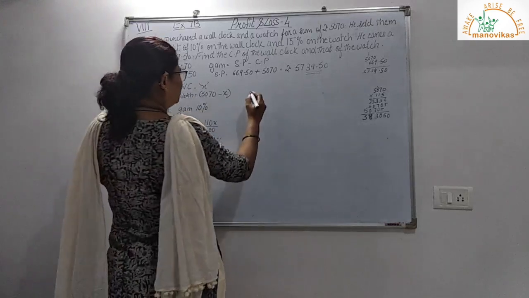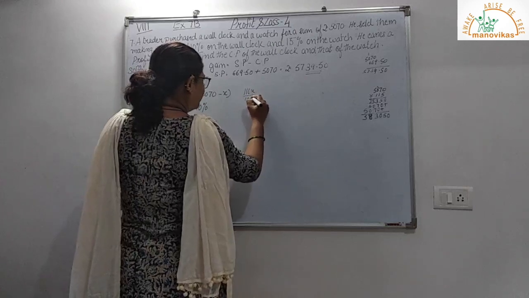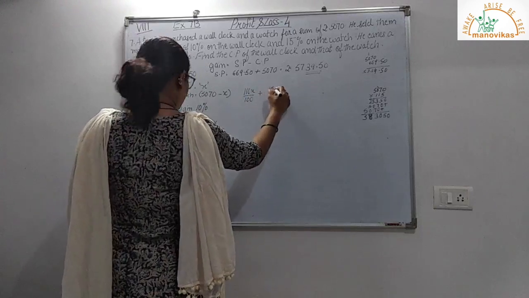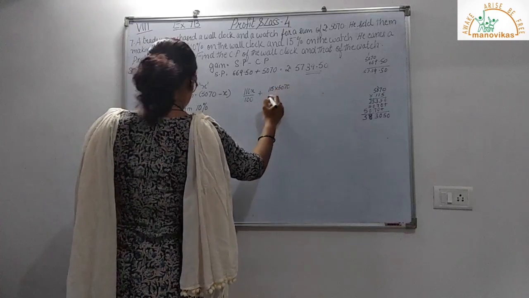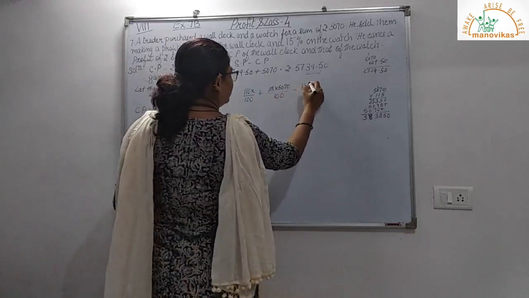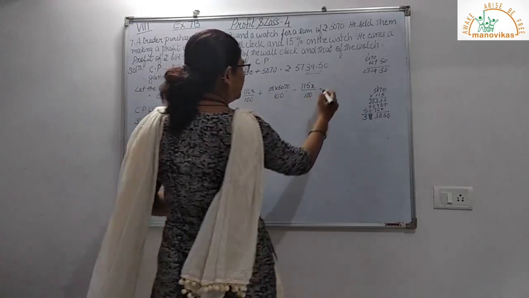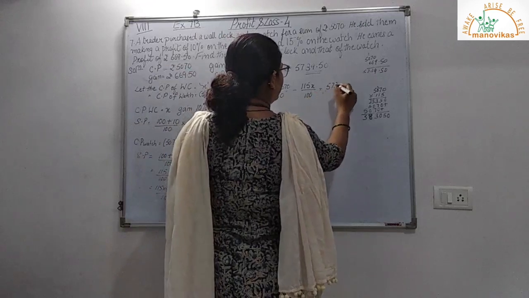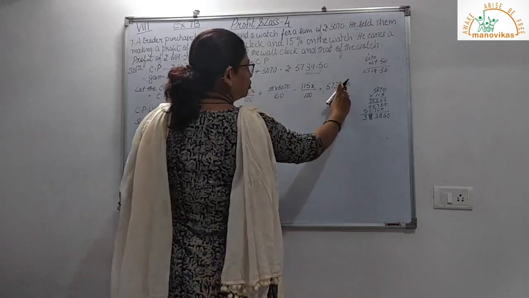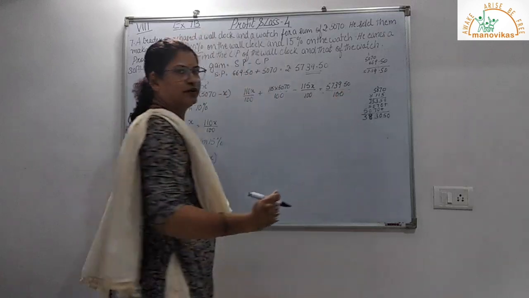So I take the selling prices here: 110x divided by 100 plus 115 into 5070 upon 100 minus 115x upon 100, which is equal to 5739.50. Instead of writing 0.50, I will remove the decimal point and make this 100 over here.